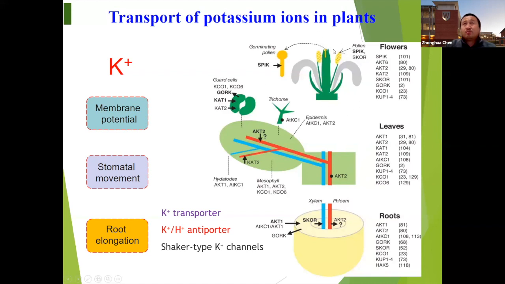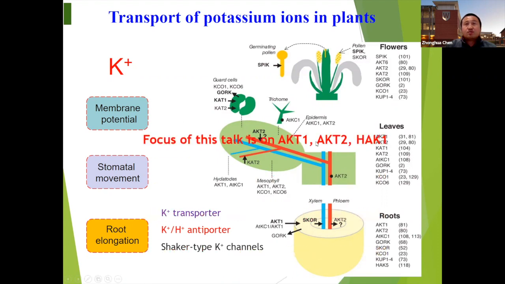For example, in the pollen, SIPK is a potassium channel for pollen germination. So potassium channels are quite a few large families with many family members among many different plant species. They have a very important role in plant growth and stress tolerance.